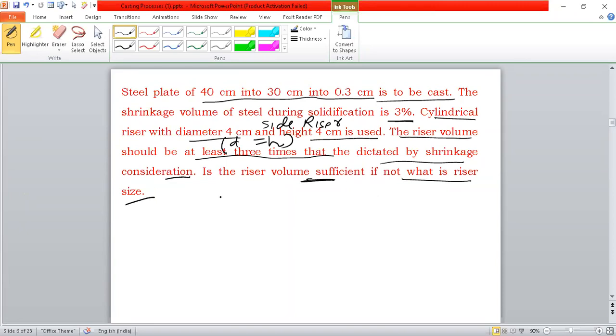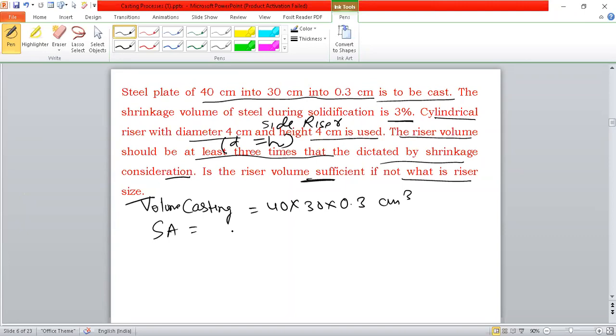So you have a casting, and the casting volume is 40 into 30 into 0.3 centimeter cube. This is the volume of the casting. Then what is the surface area of the casting?